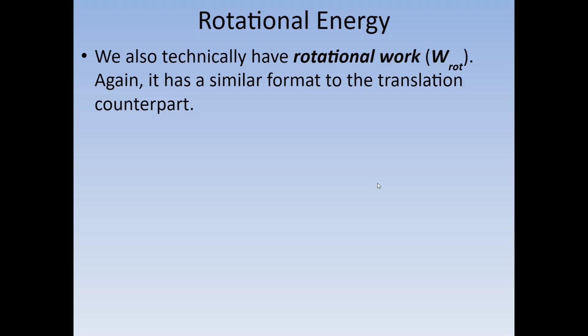Basically, the rotational work would be the torque that results in a change in rotational kinetic energy. So once again, the translational work would be force times distance or displacement. The force gets replaced with torque, and the displacement gets replaced with angular displacement.